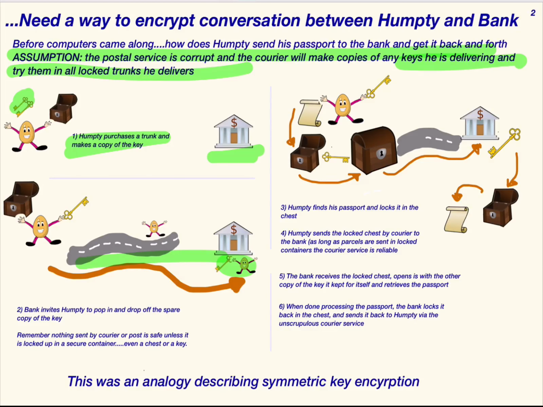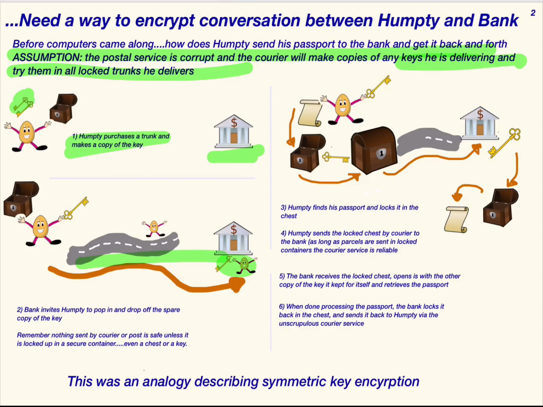He has all these copied keys that he's got from the past that he's trying. He'll obviously try them on this lock, but he won't have any luck because this key has never been sent via the courier, so he never had a chance to copy it. So all the courier can do is say, well, okay, reluctantly, I'm going to deliver this trunk to the bank and collect my fee for delivering it.